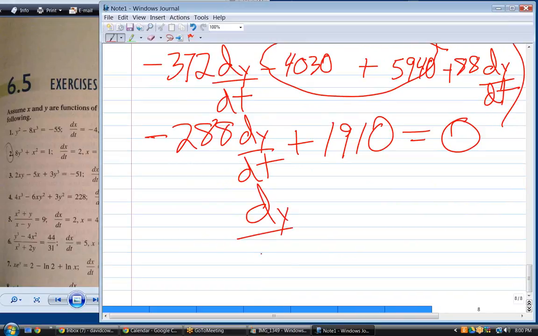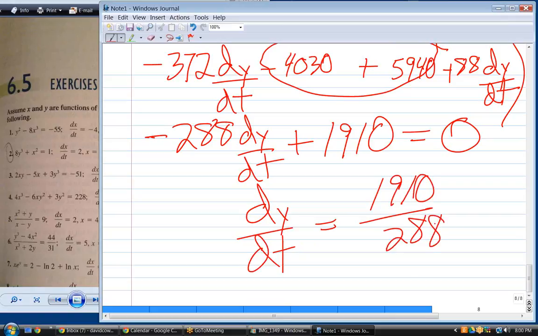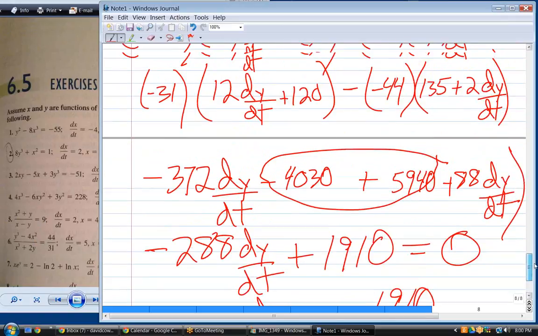So dy dt is equal to 1910 over 288. Negative, but it turns into a positive. So this is almost more of an exercise in algebra than it is. I mean, you have to know the calculus for sure. You have to be able to implicitly differentiate and, of course, apply the product rule and all of that good stuff.